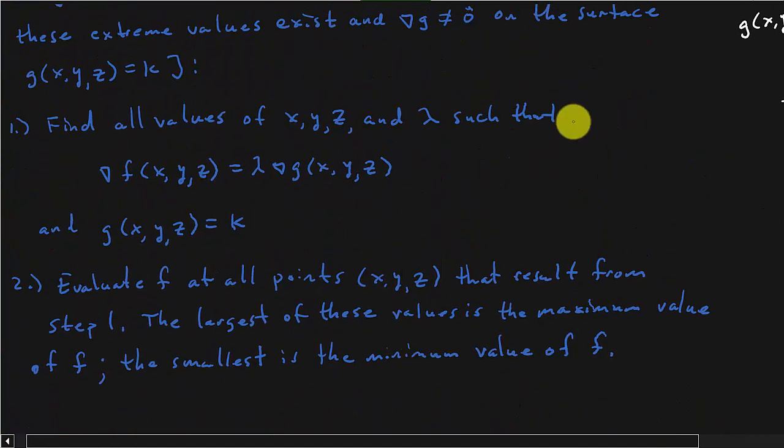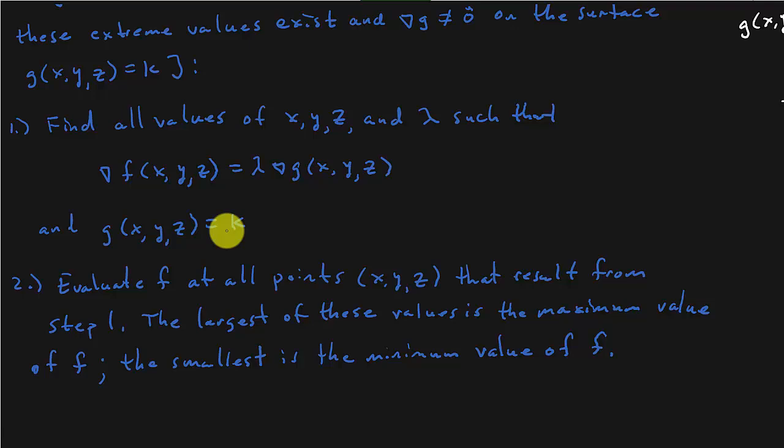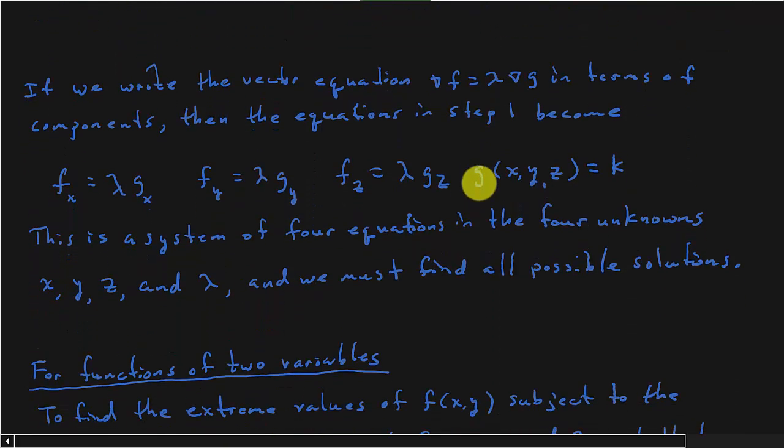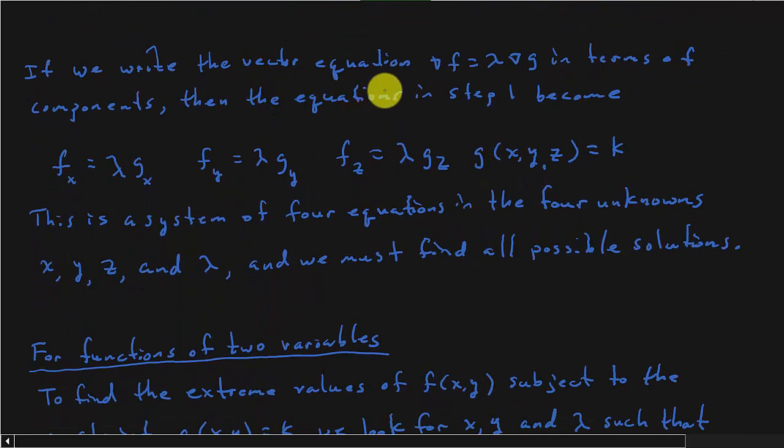So, after going over this, we've got the gradient of f is equal to lambda times the gradient of g, and g of x, y, z is equal to k. So we're going to solve that system of equations and then evaluate the function at those values. If we write the vector equation gradient f equals lambda gradient g in terms of components, then the equations in step 1 become the partial of f with respect to x is equal to lambda times the partial of g with respect to x.